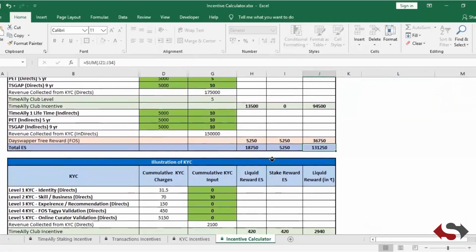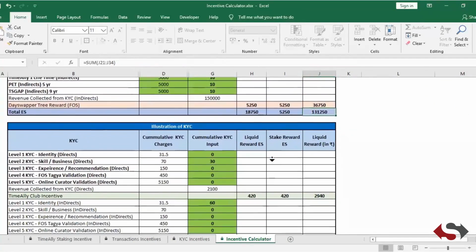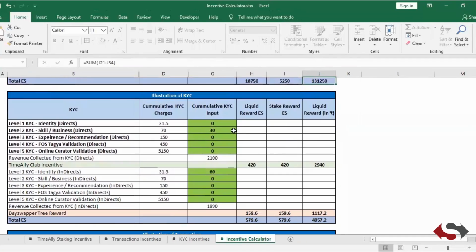Coming on to the KYC illustration, these are the 5 levels of people. I have all my people at least doing the KYC at level 1, the 30 directs which I have, and most of them are in the business. They have listed the business. 20 people have done it, while the remaining 10 have only done this. In fact, one of them has even become a curator successfully with 5,000 Eraswap of staking.